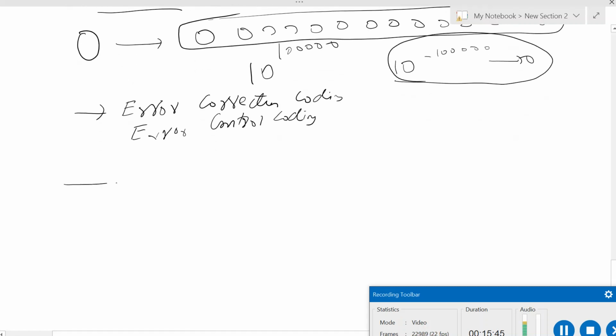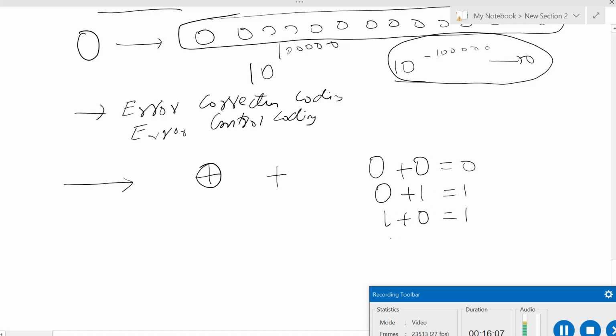To begin with it formally, we will first of all have some notation. We have here everything in binary, so we have a modulo operation plus, which is the XOR operation. I will denote it by simple plus. So 0 plus 0 is 0, 0 plus 1 is 1, and 1 plus 0 is also 1, but 1 plus 1 is 0.